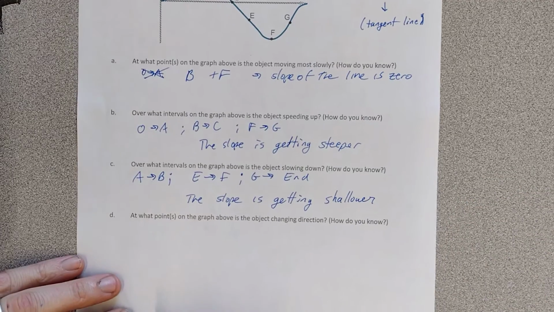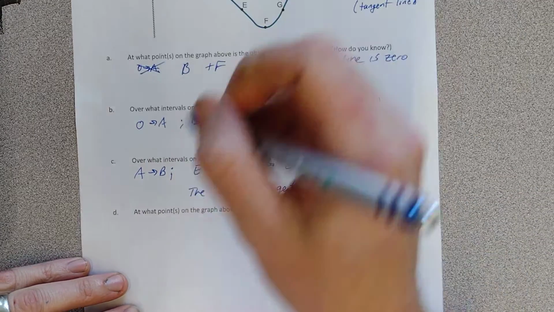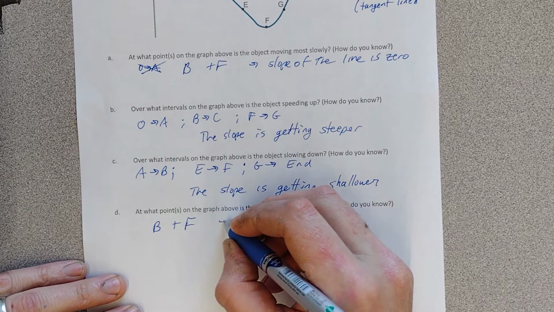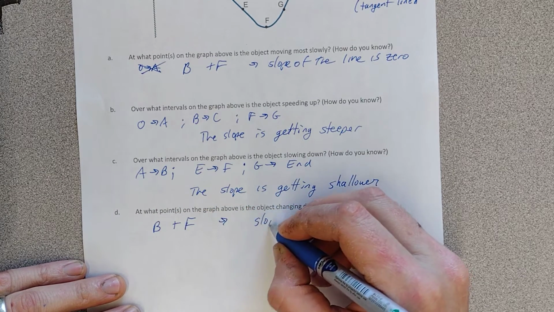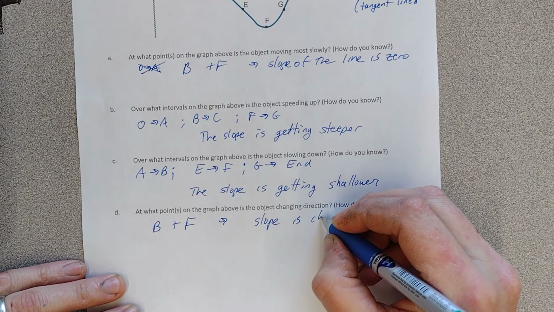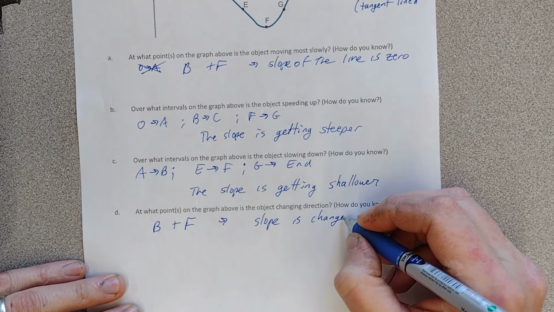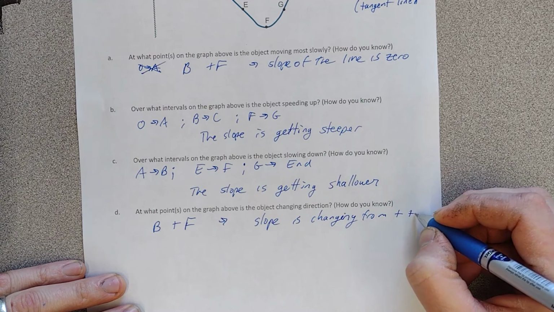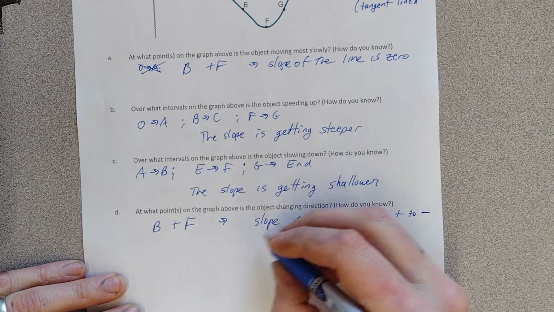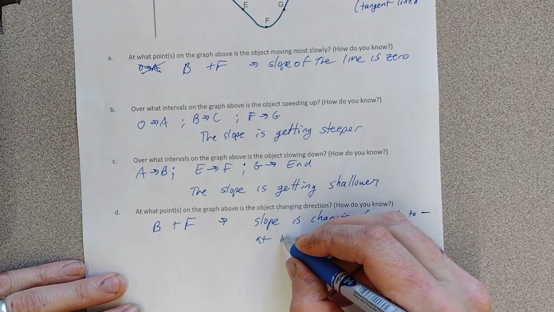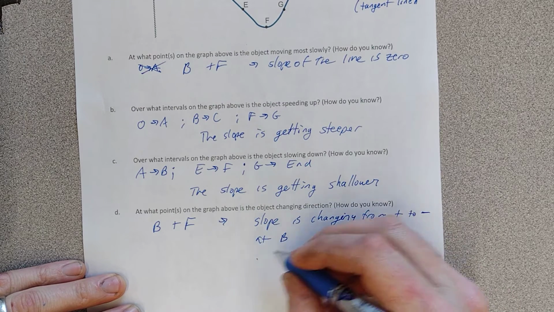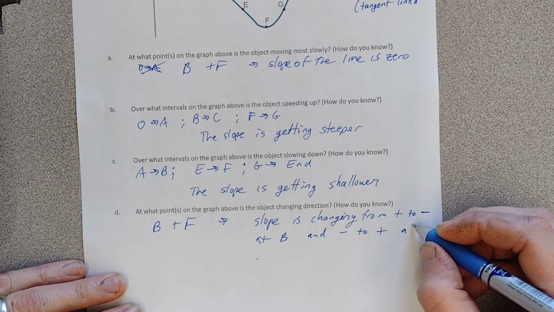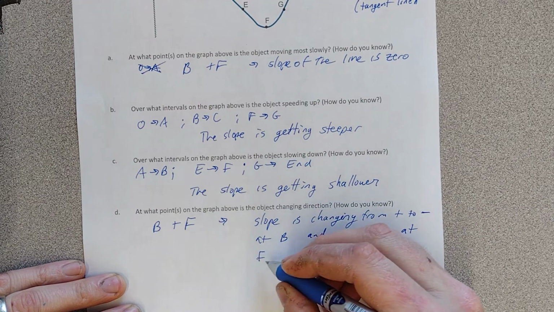Well, what points in the graph is it changing direction? Well, at B and F. The slope is changing from positive to negative at B and negative to positive at F. Right?